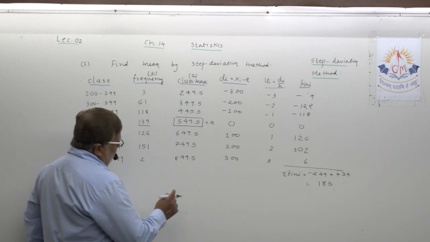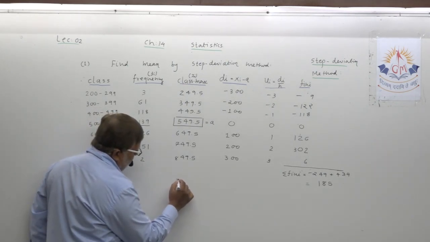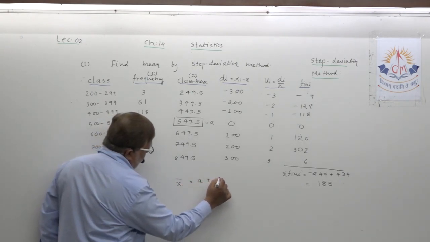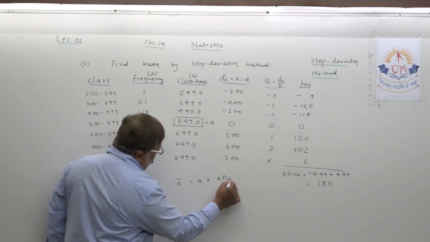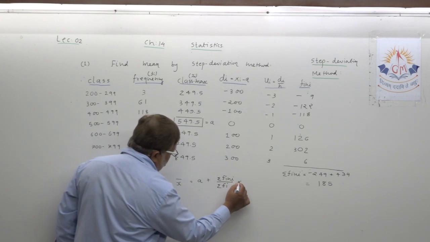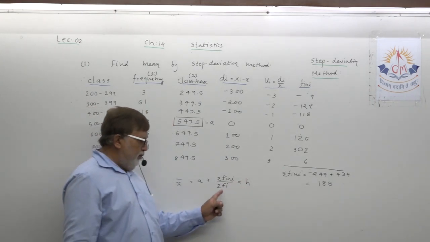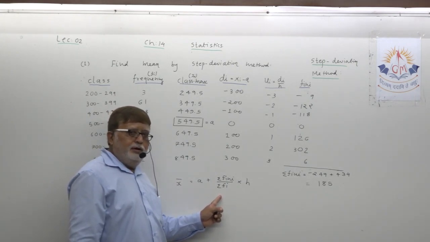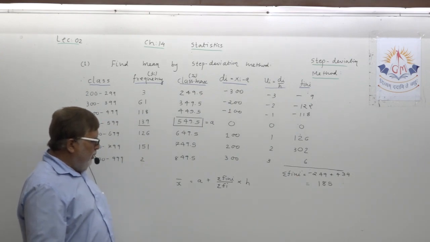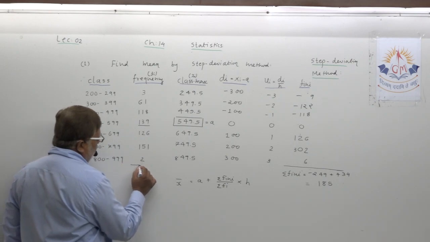Now, as you all know, x bar equals A plus sigma Fi Ui upon sigma Fi into H. Sometimes, dear student, if you write n in the formula here, there is nothing wrong in that, because sigma Fi is ultimately the total of all the frequencies.